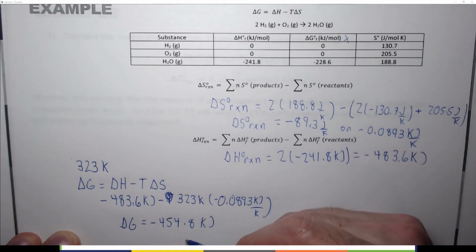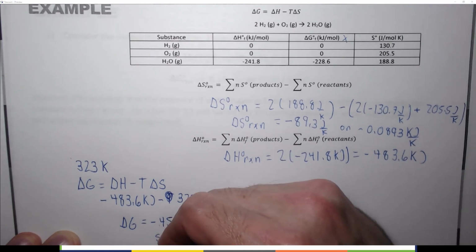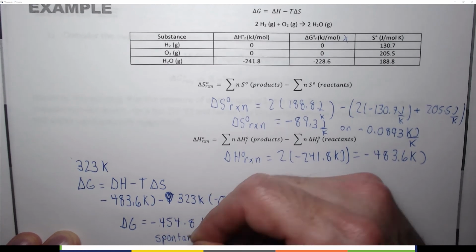So this reaction, the delta G is negative, it's spontaneous.